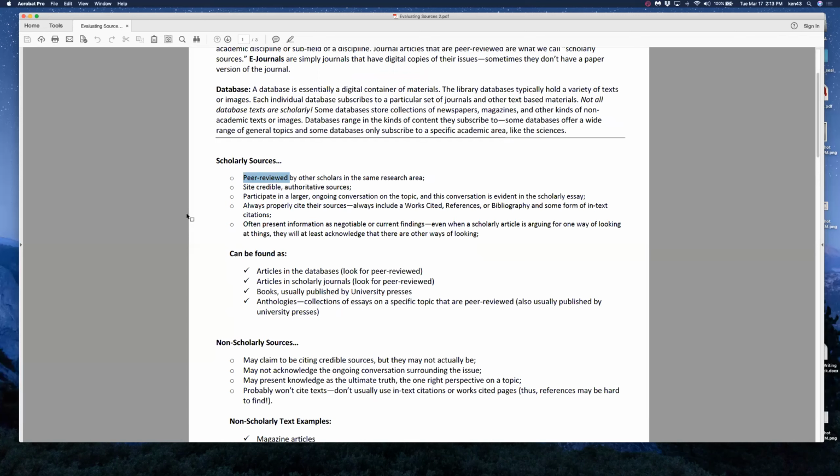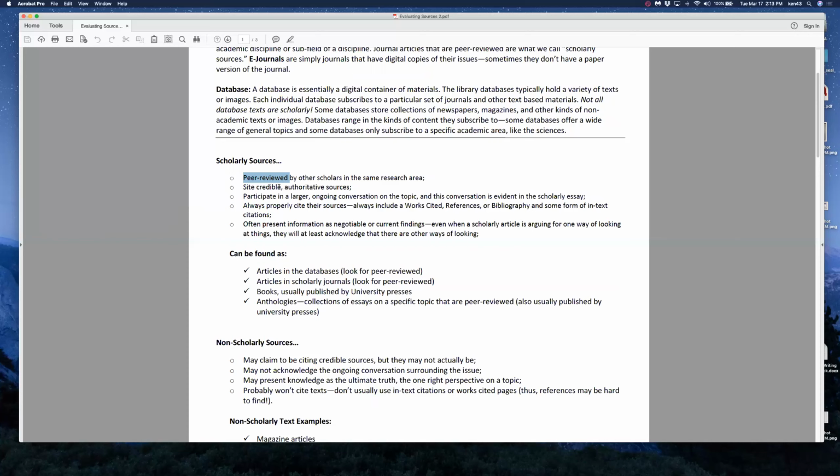So not just psychologists in general looking at it, but somebody who's in the exact same small niche and area that you're working in is reading your work and saying that this meets our disciplinary expectations for methods and methodologies for how the research is being approached, and for the findings meet our basic expectations as a field. This is a very high level of source.